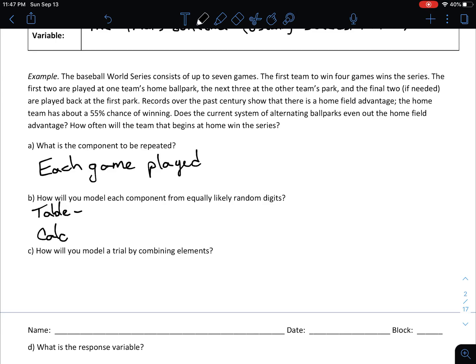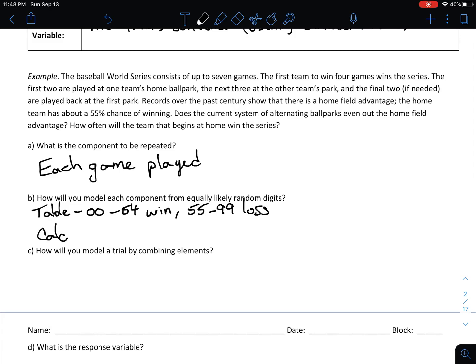If there's a 55% chance of winning, then what we would probably want to do is use the numbers 00 up through 54 as a success, or as a win. And then we would let 55 through 99 be a failure, or a loss, I should say.